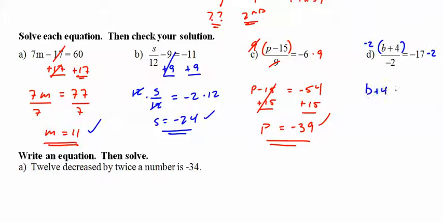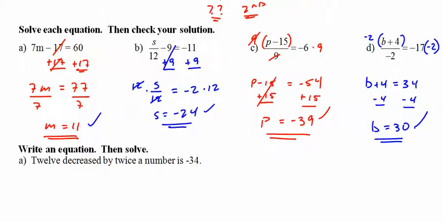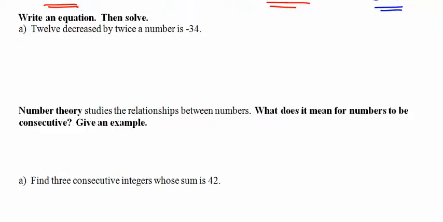B plus 4 equals 34 minus 4. Works. Alright, as always, now we go back to the equations.